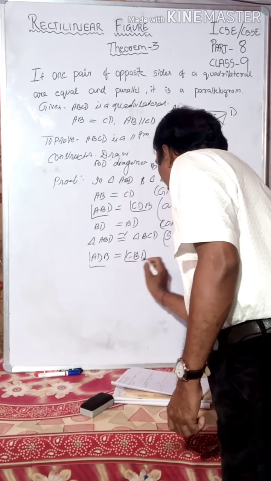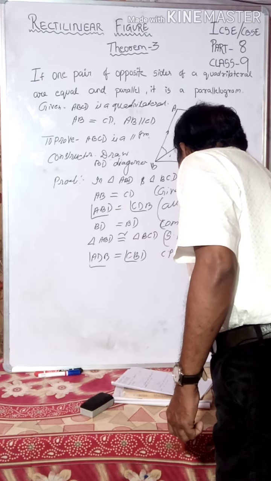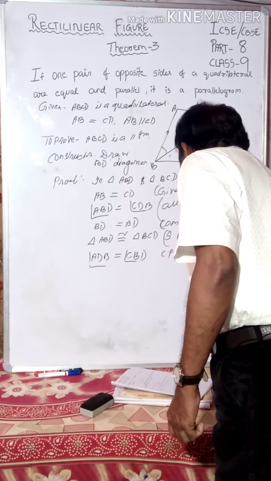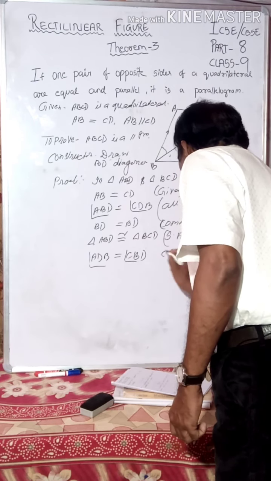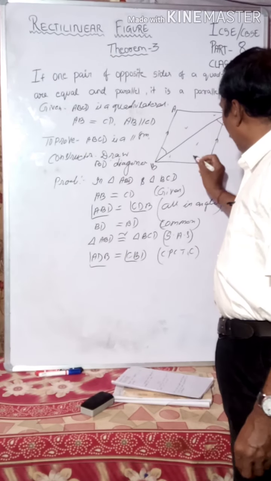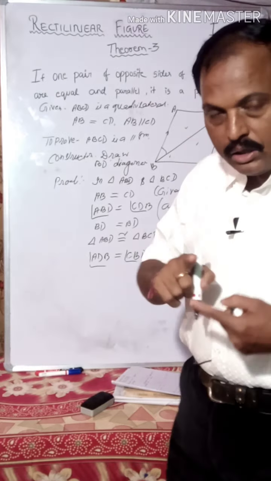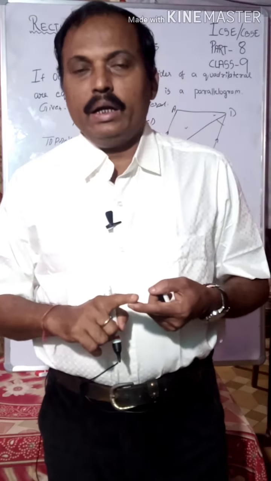CPCTC: corresponding parts of congruent triangles are also congruent. So ADB is equal to CBD, but they are alternate interior angles.